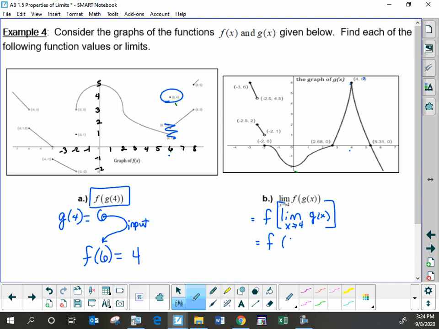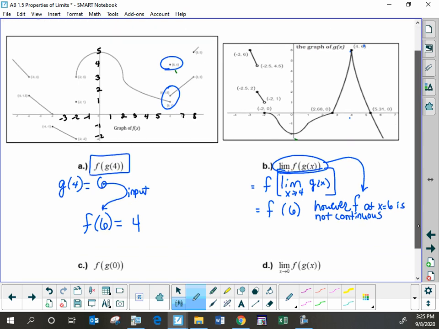We know, though, that we end up with a bit of an issue here. f of 6 is a problem when you're talking about a limit. f at x equals 6 is not continuous, and therefore it forces us to do a deeper evaluation, because remember, this really truly is a limit question.